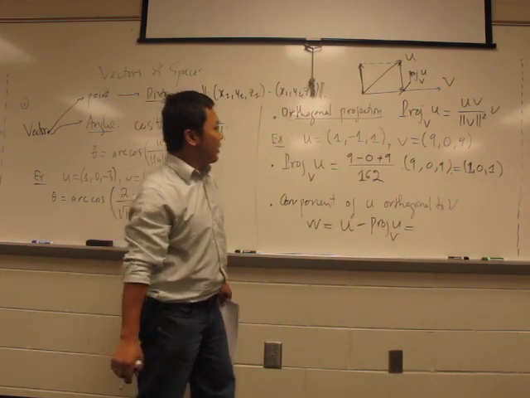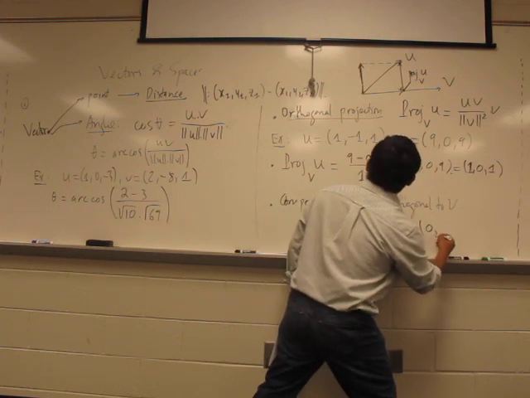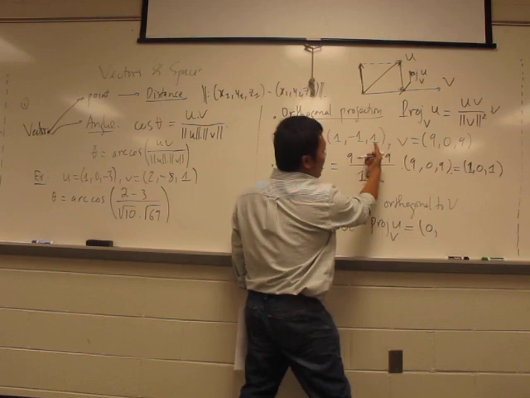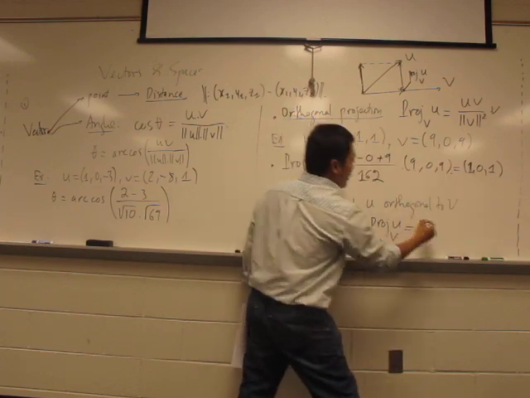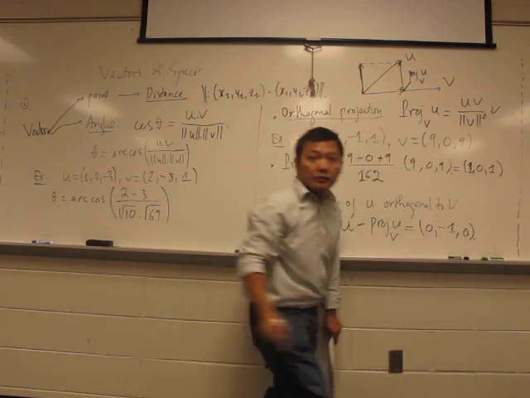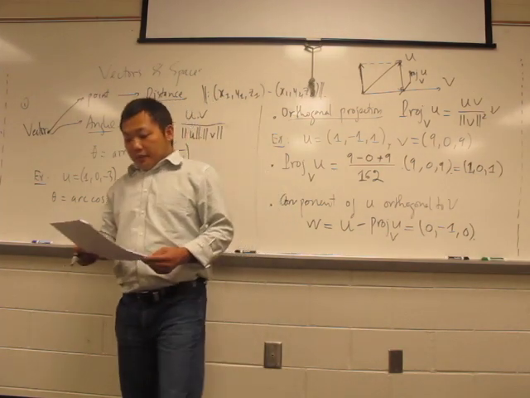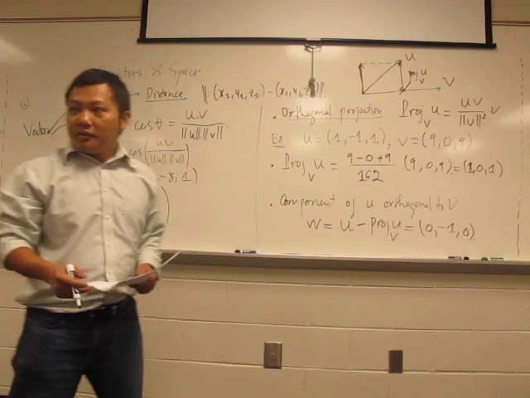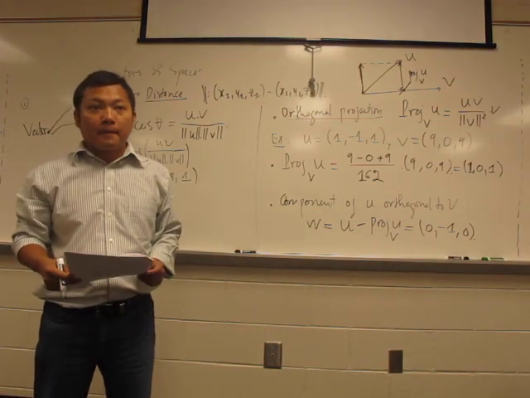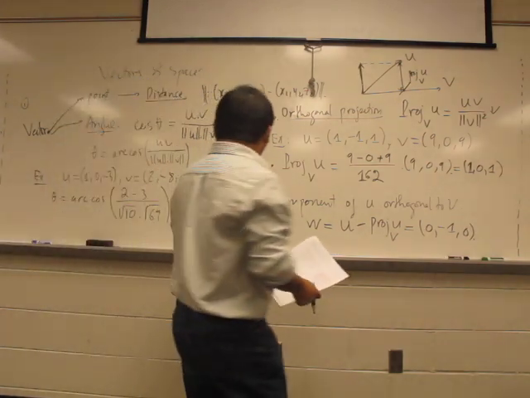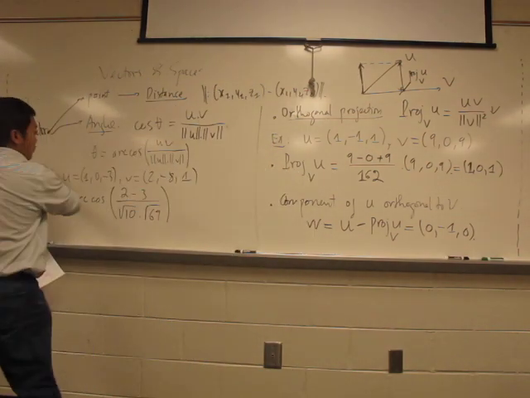Just plug everything in, and you get: 1 with 1 cancels out, 0, and negative 1 with 1... so the result is (0, 0, -1)... The first two questions are easy. Makes sense? Very elementary computation.